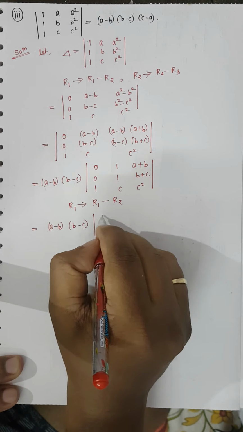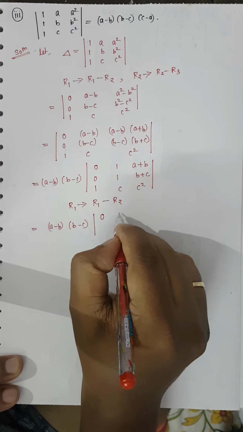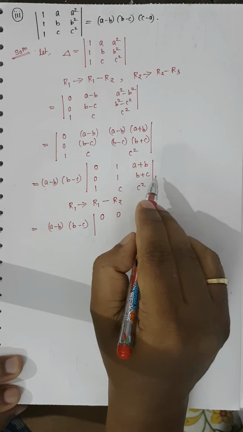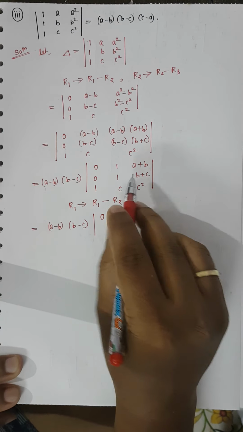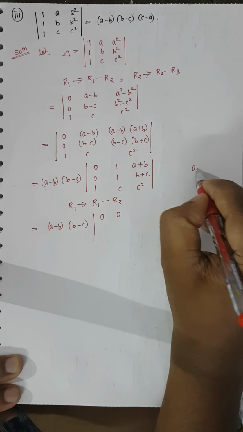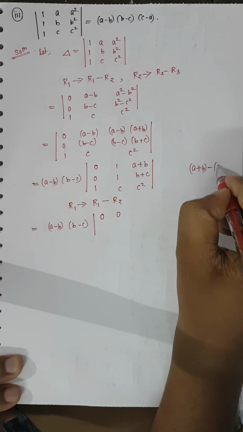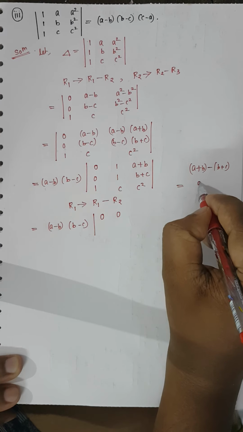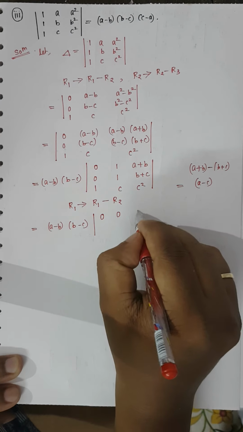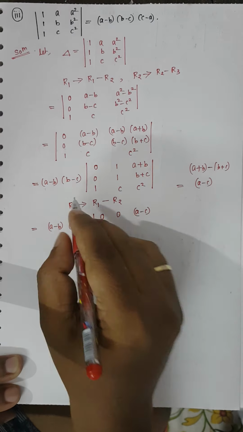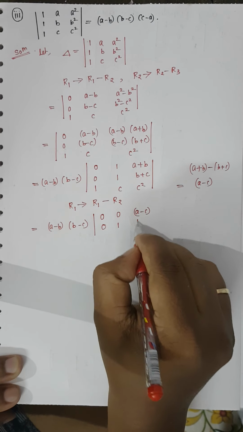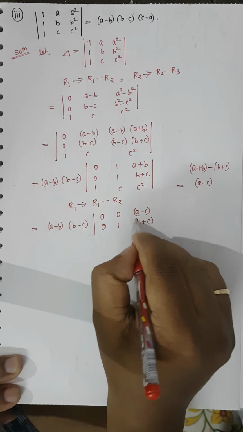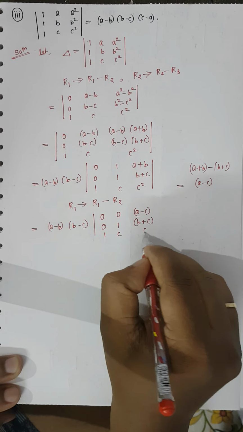What is 0 minus 0? It is 0. 1 minus 1, it is 0. And from a plus b, if I subtract b plus c, I will get a minus c. It is a minus c, 0 1 b plus c, and 1 c c square.